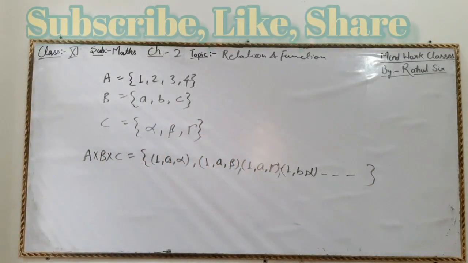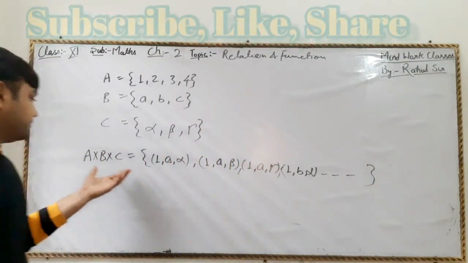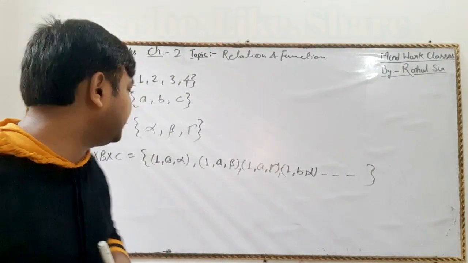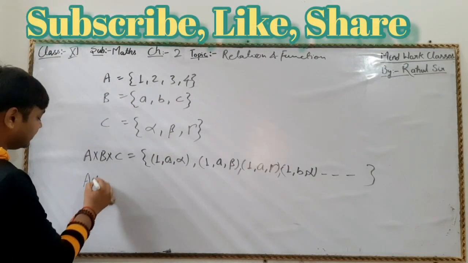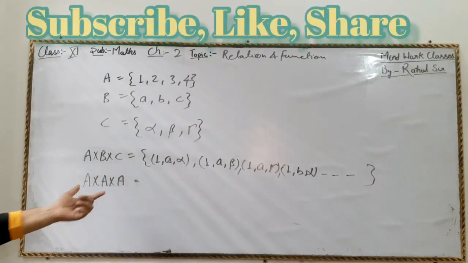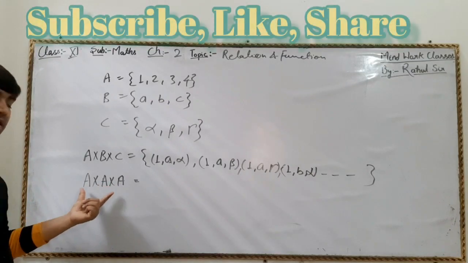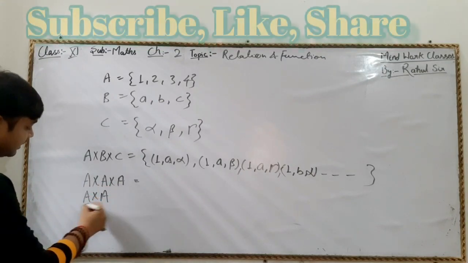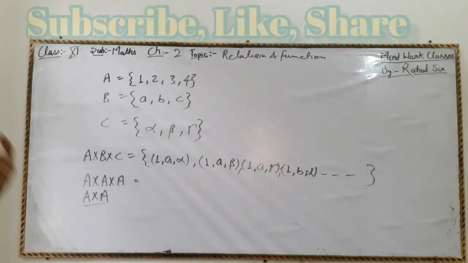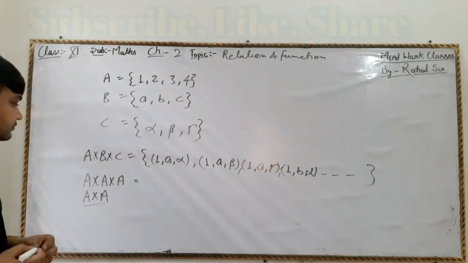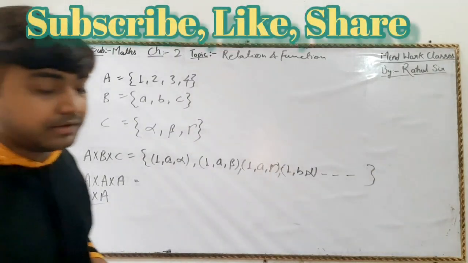So in this way you can find out the Cartesian product of three different sets. Similarly, you can also find the Cartesian product of the same sets. Either there are three sets, or it can also have two sets only, the Cartesian product of one set and three sets also. So this is the case.